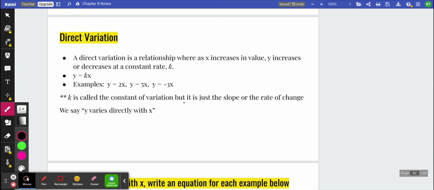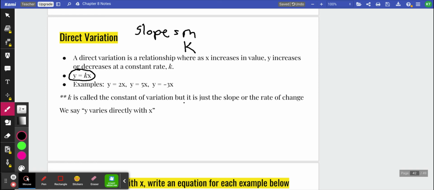Again, when we were talking about slope, we used the value of m. K is the exact same thing. It's just a different variable for this type of function where there's no plus a number at the end. You're simply multiplying your variable by a constant rate.